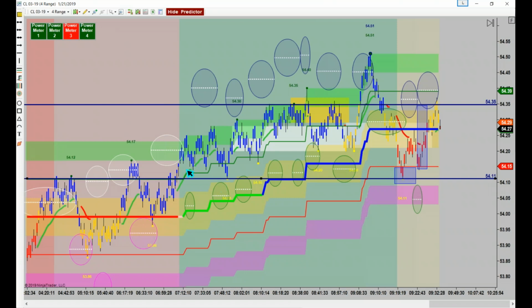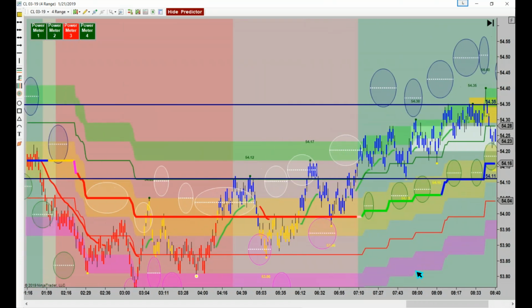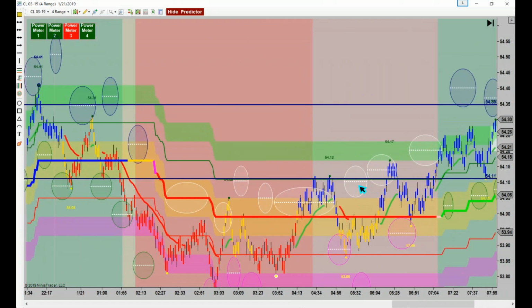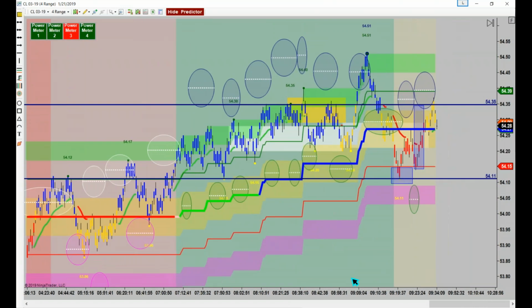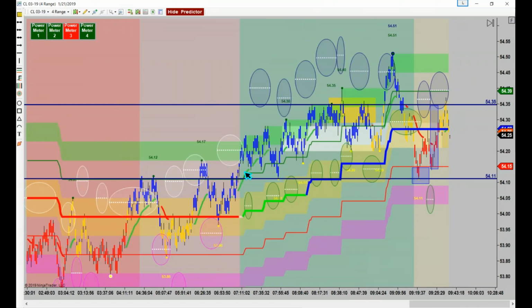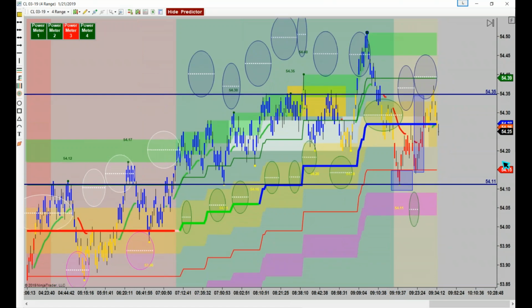But at the time, even over here on the left side of the chart, they had not checked this area. Remember, they did this twice. A lot of times when they do it twice like that, they will check it twice, and that's what they did. I like it when they check it right away rather than clear over here. But if you draw your lines on your charts where they haven't checked yet, you'll see where they should bounce.